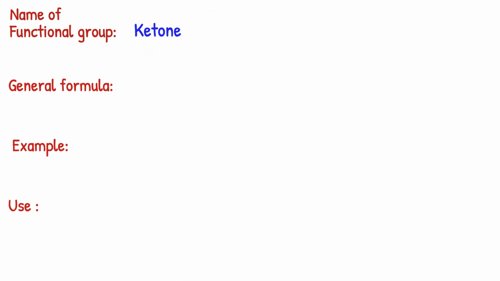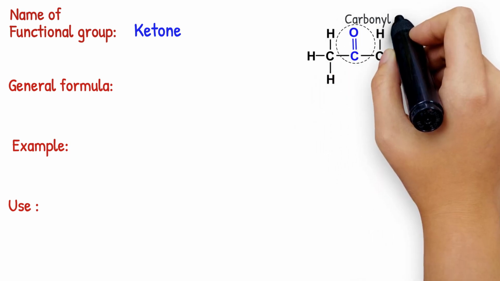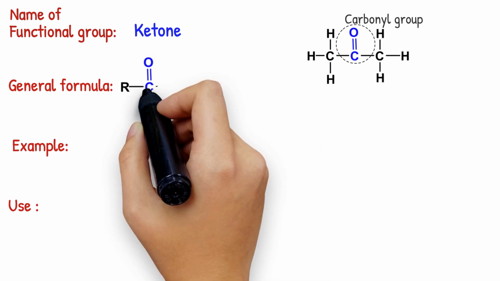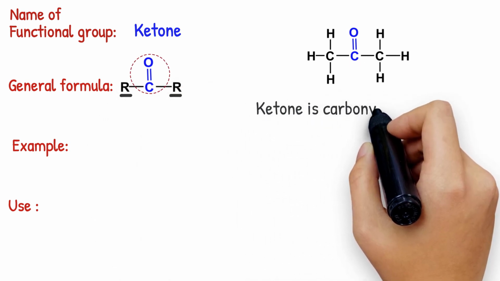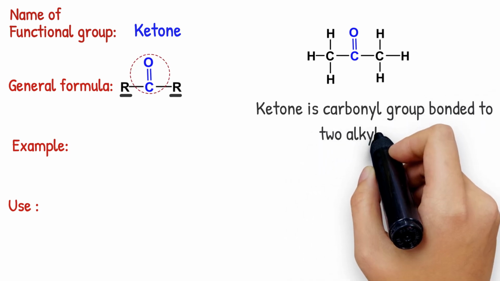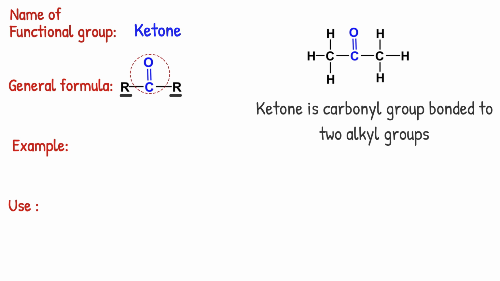Ketone functional group. Consider the following example. This is a ketone. This part is called the carbonyl group. The general formula of ketone is carbonyl group bonded to two alkyl groups. Ketone is carbonyl group bonded to two alkyl groups.